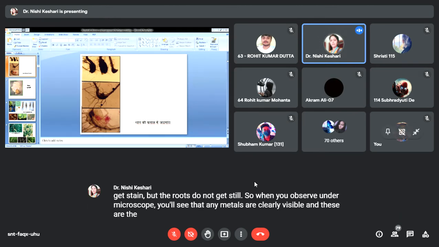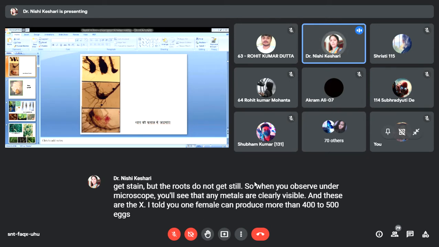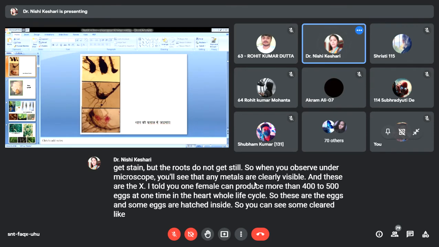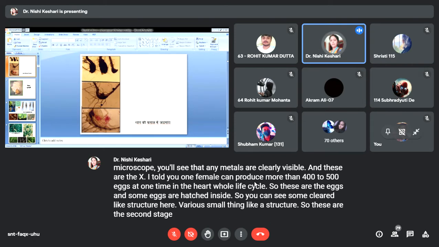I told you one female can produce more than 400 to 500 eggs in her whole life cycle. So these are the eggs, and some eggs are hatched inside. You can see some thread-like structures here, very small and thin. These are the second stage juveniles that hatched from the eggs.